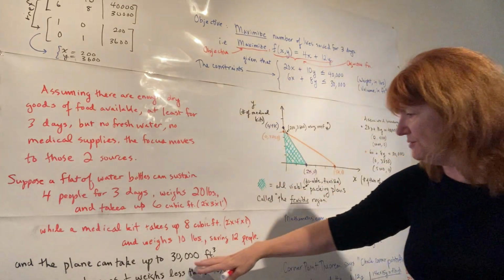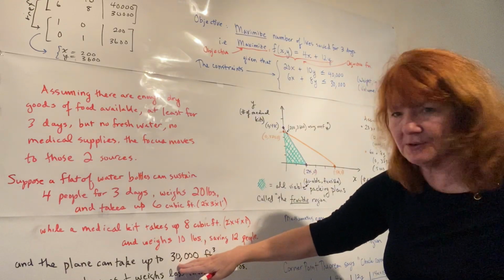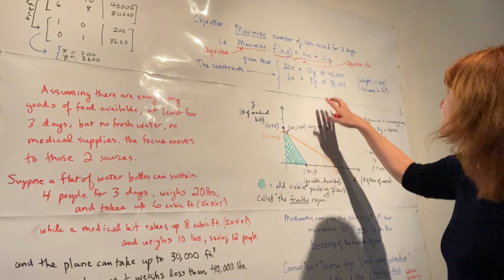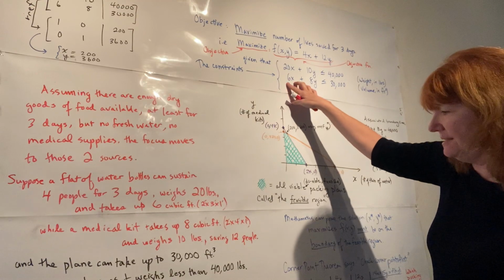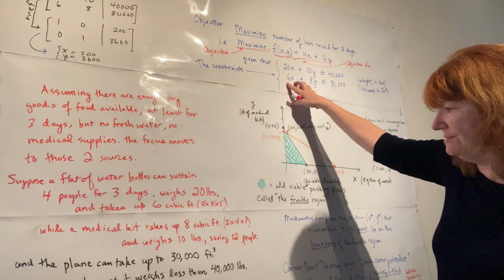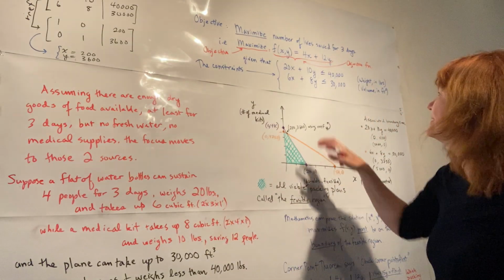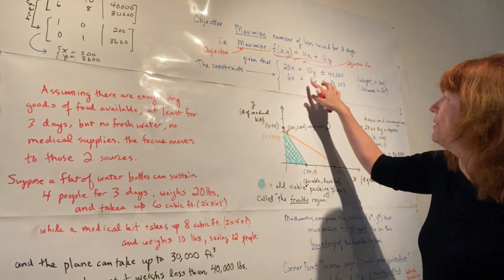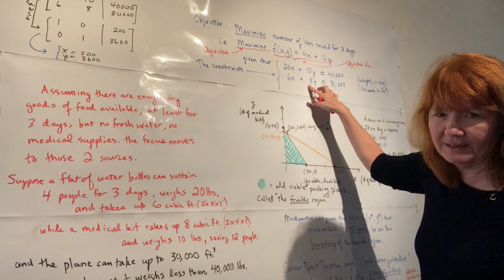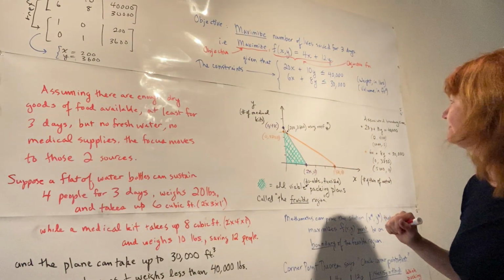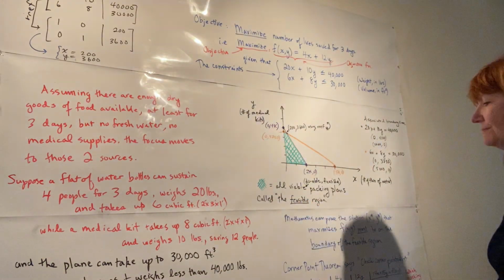The maximum volume in the cargo area is 30,000 cubic feet. We have a 6x here. That represents, you turn off the video and you finish all this for yourself, okay? Amount of volume taken up by water, amount of volume taken up by medical kits, given those dimensions.